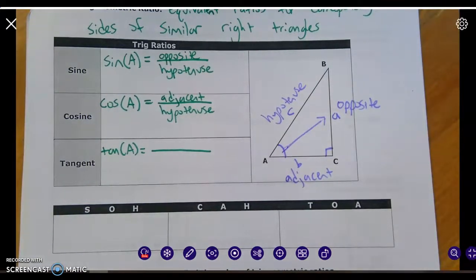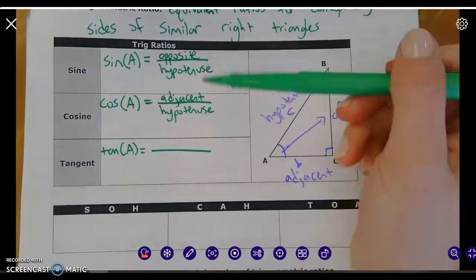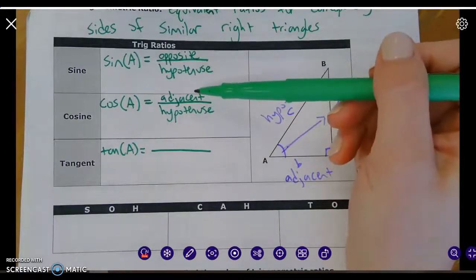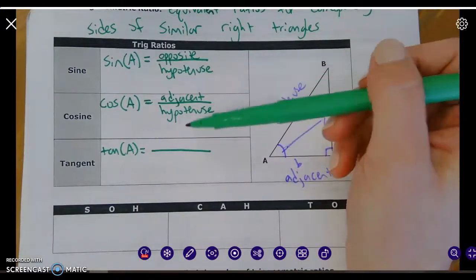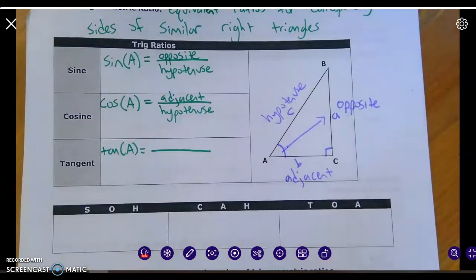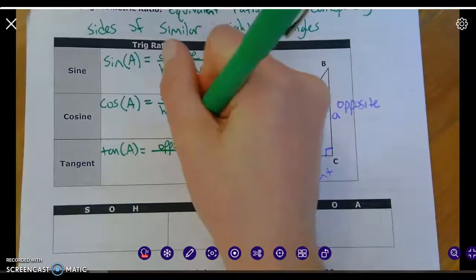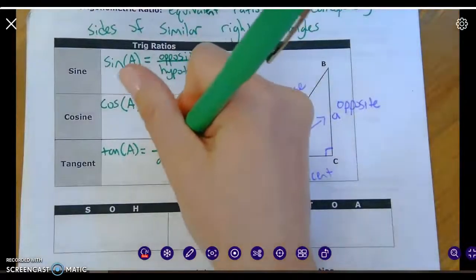And then the last one, tangent, if you notice, we've used hypotenuse twice, but we've only used opposite once and adjacent once. So any guesses what the last one's going to be? Yep, opposite goes on top, and adjacent will go on the bottom.